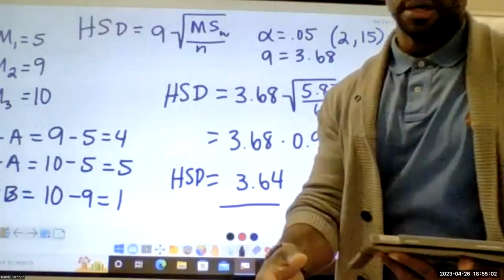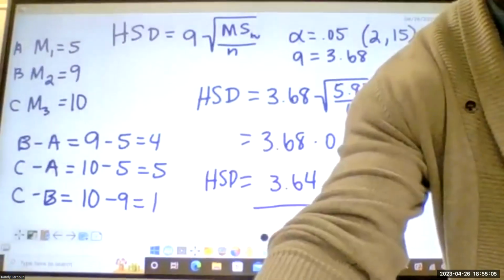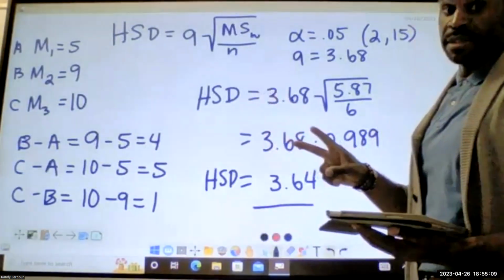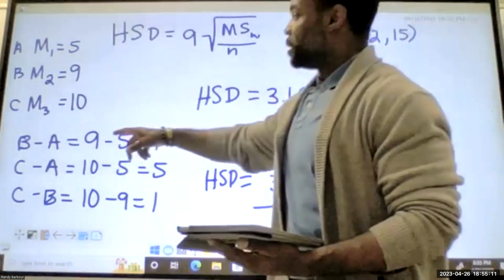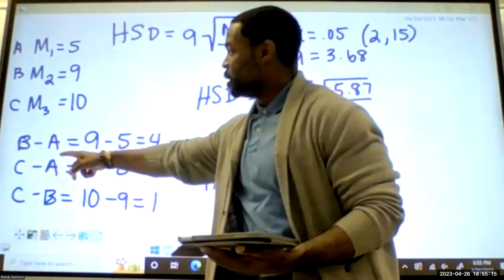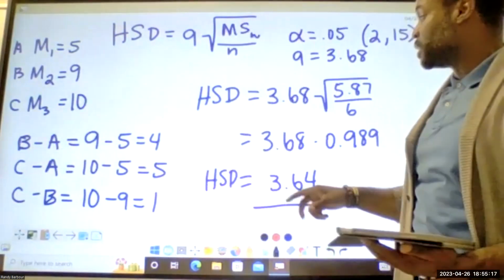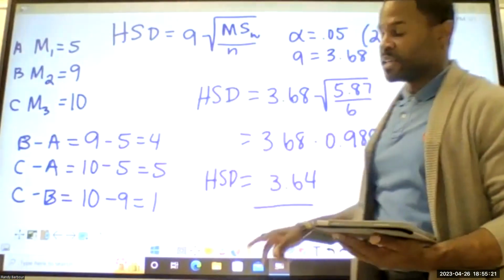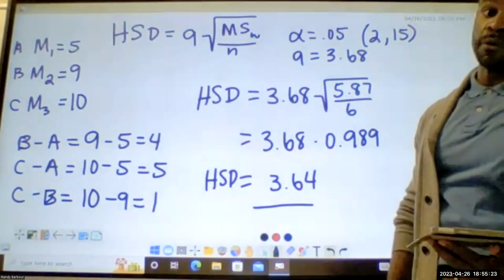left-hand side here. So maybe open that up a little bit so you can see, right? I know that there are significant differences between group C and group A and group B and group A, because 4 is greater than 3.64 and 5 is also greater than 3.64.